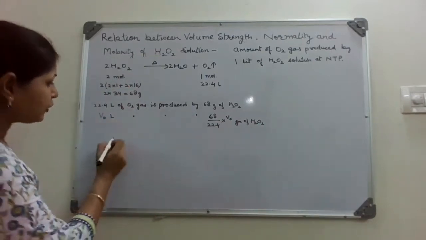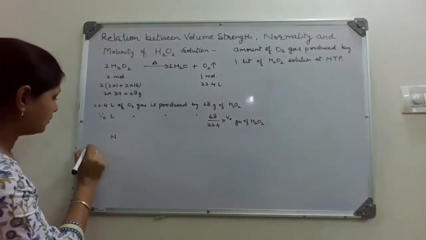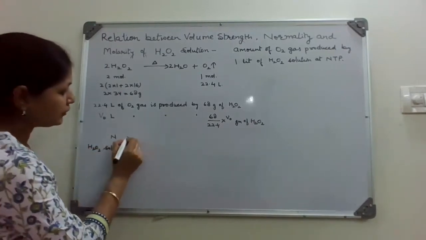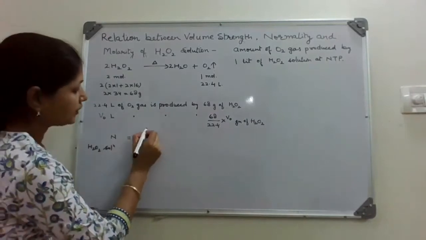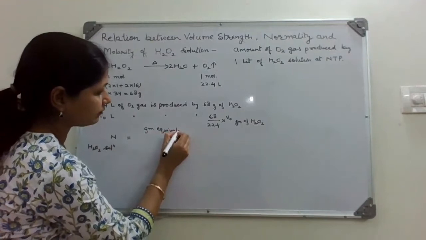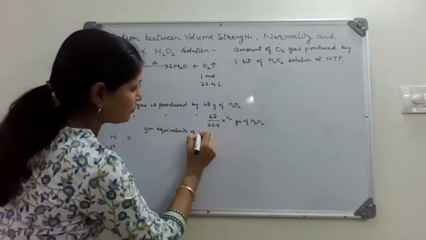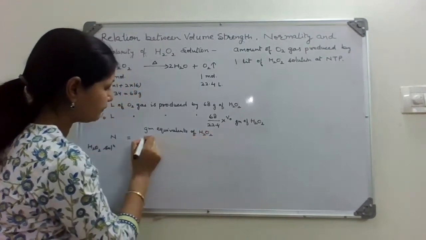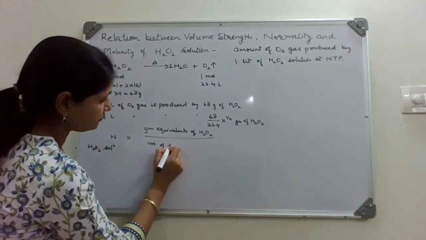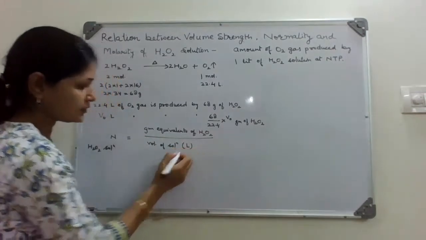We know normality of a solution. Here normality for the hydrogen peroxide solution. The normality of a solution is equal to the gram equivalents of the solute. Here solute is hydrogen peroxide. So gram equivalents of hydrogen peroxide divided by volume of solution, which means volume of hydrogen peroxide solution in liters.